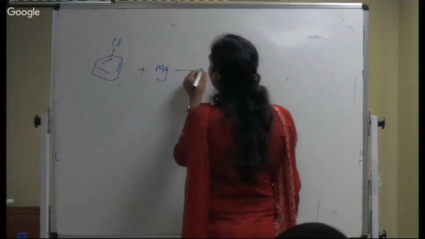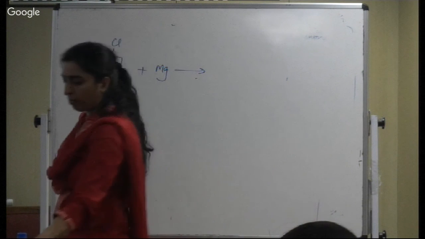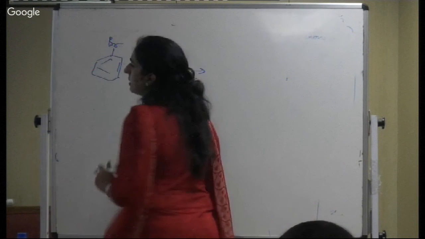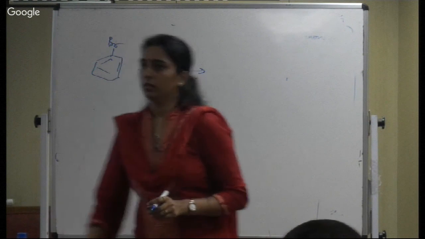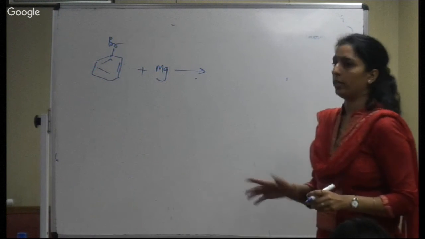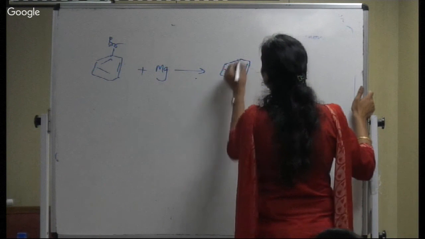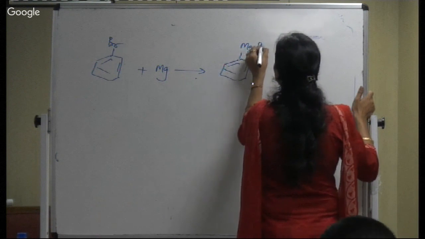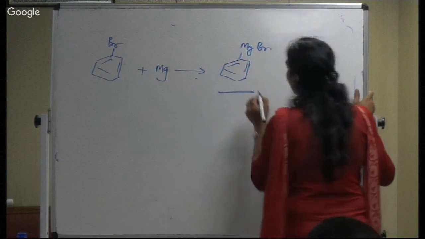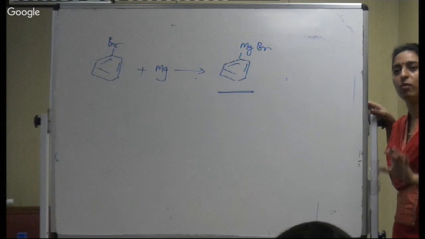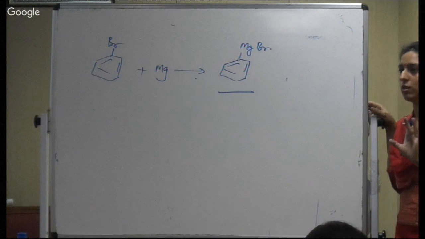The moment you treat, we usually take bromo compounds in this because chlorine has slightly lesser reactivity. We take bromo or iodo. The moment you treat it with magnesium, it will form Grignard reagent. And the beauty of this reagent is you can prepare everything, whatever you want to prepare using this compound.